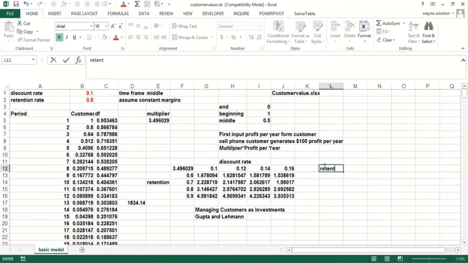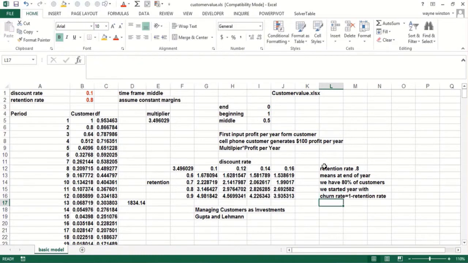A retention rate of 0.8 means at the end of the period, let's say year, we have 80% of the customers we started with. And the churn rate you may have heard of is 1 minus the retention rate. So we'd have a 20% churn rate. We're losing 20% of our customers.